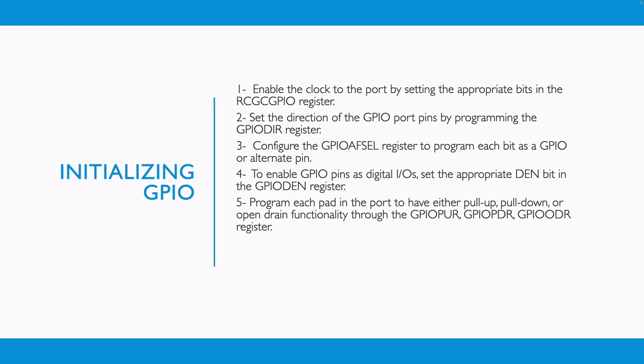So we need to specify we need this as GPIO, general purpose input output. Then to enable the GPIO, we need to set the bit in the GPIODEN register, and so on. We're going to do just that and I'll show you how to do it.